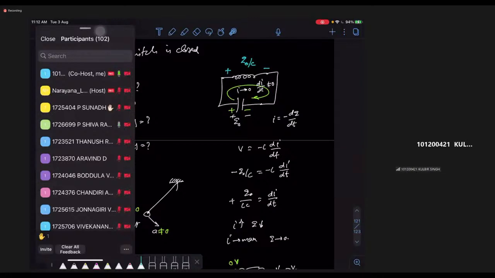In the formula, there is a minus sign. Yesterday also I told you, if you want to apply the Kirchhoff equations, the sign is important. Then the minus sign is there. What is the meaning of the minus sign? The meaning of the minus sign here is that its direction is opposite to your current polarity.